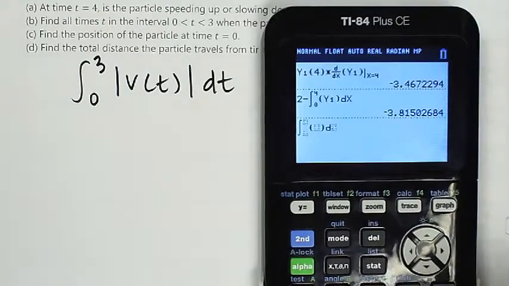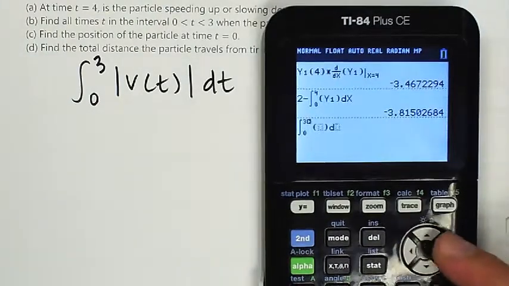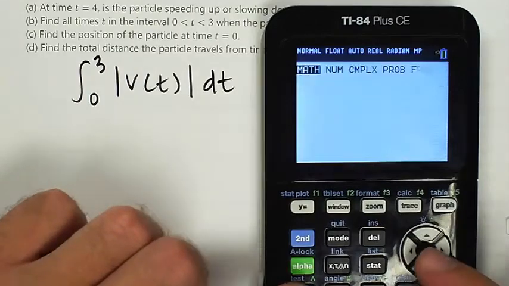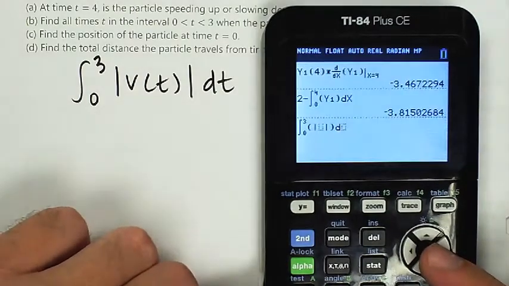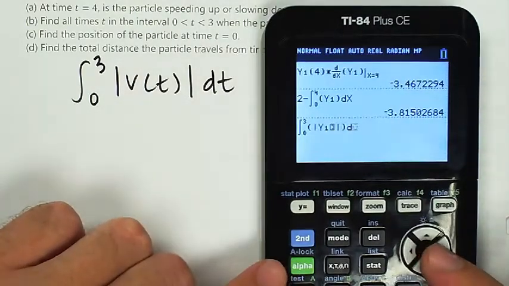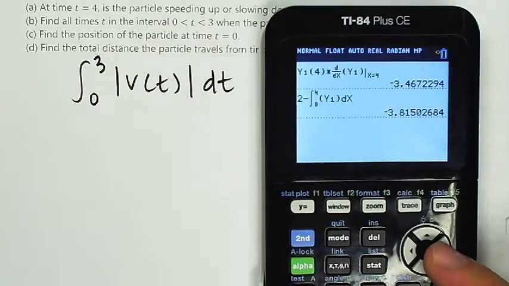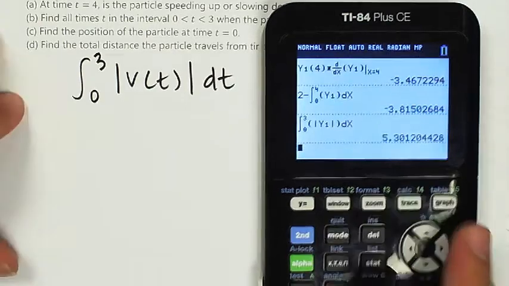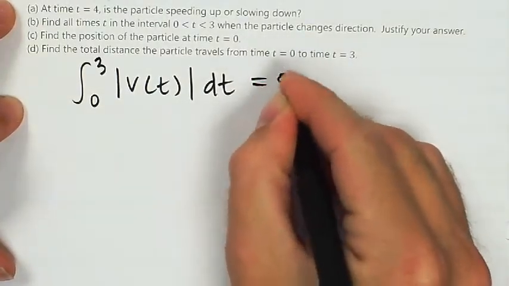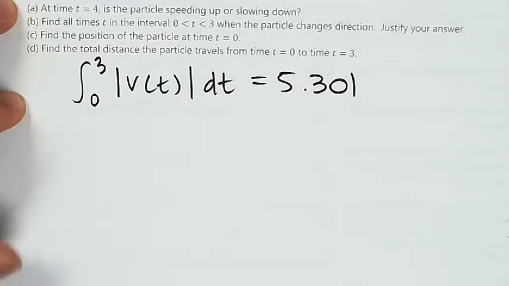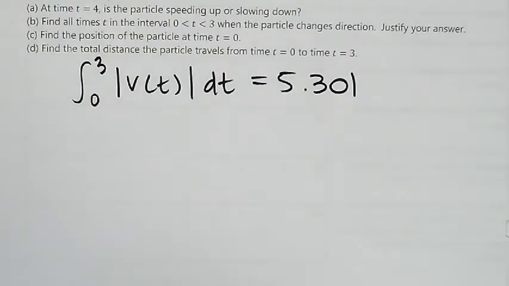So I'm going to integrate math 9 from 0 up to 3, math absolute value of y1 with respect to time, and it's thinking. These take a while. 5.301. And I think that's all I got for you.